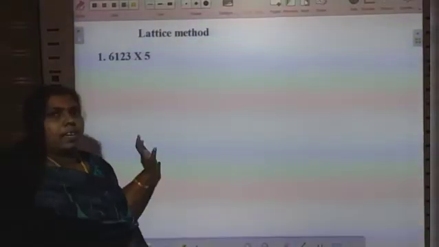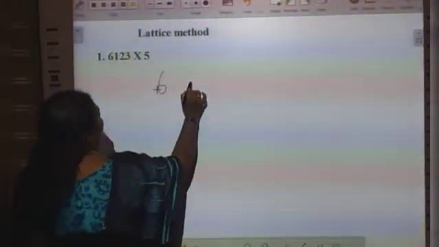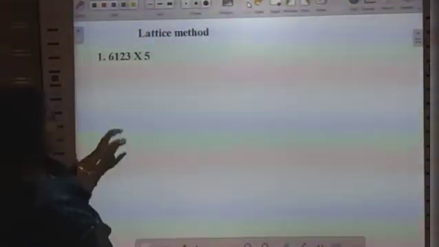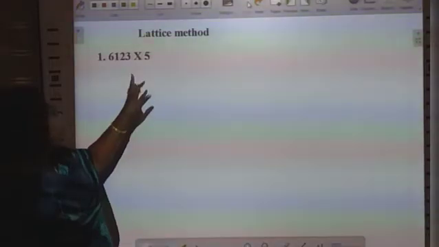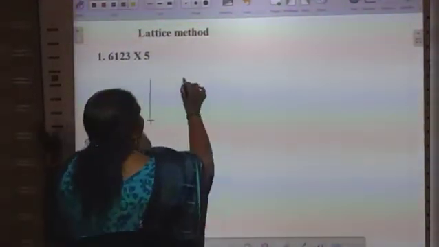See here, next lattice method, next question. One more question, 6,123 into 5. First we are going to draw the grid.